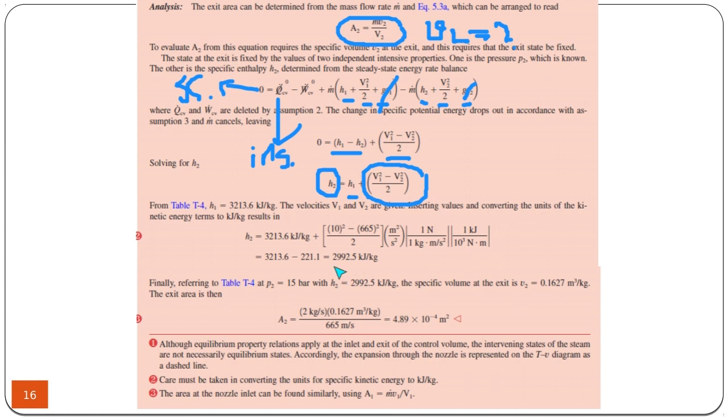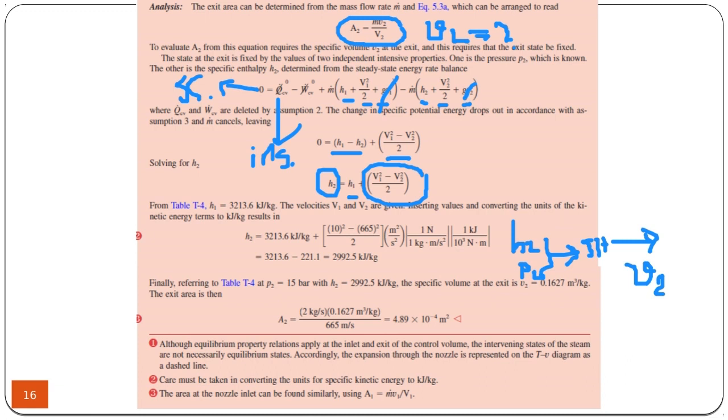So you need to go to the table, and with this H2 and the pressure 15 bars, you can go to the superheat table and find the value of V2 here.